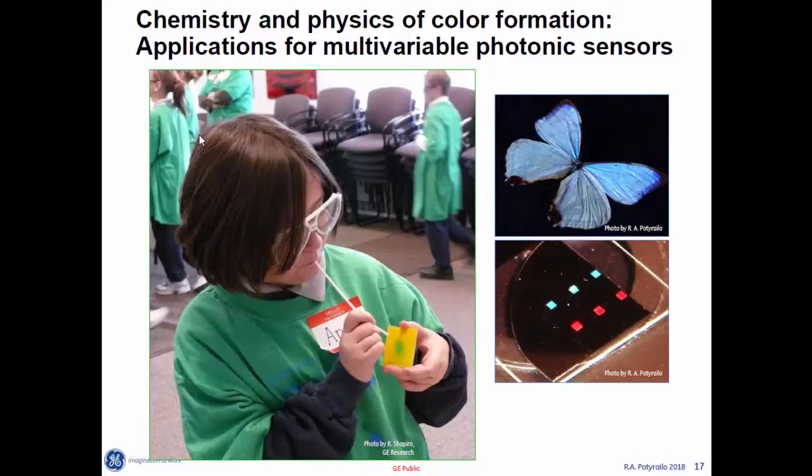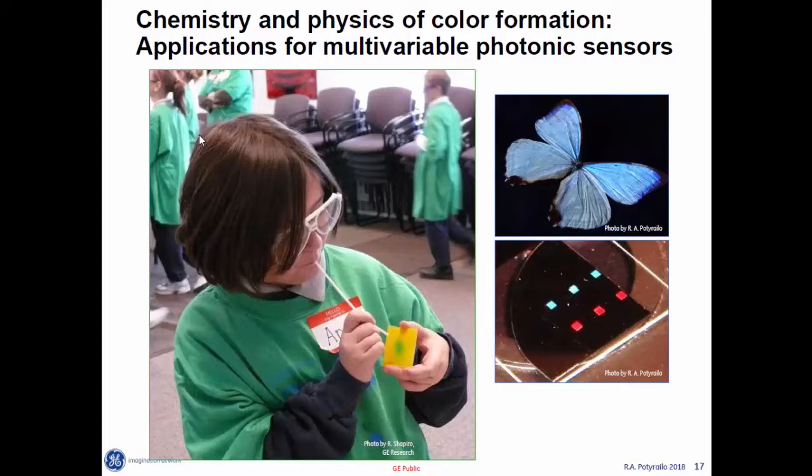What this girl is holding is a small plastic plaque of Nafion and crystal violet, because this is our science day. We are bringing kids from different schools, and she's breathing on that small patch, and the color is changing because of the humidity effect. Very nice, very quick response.